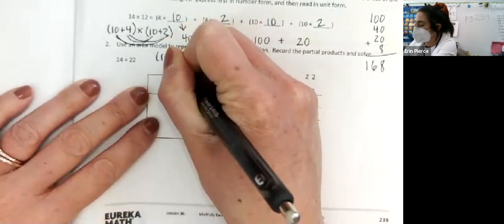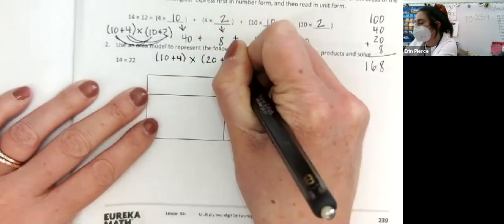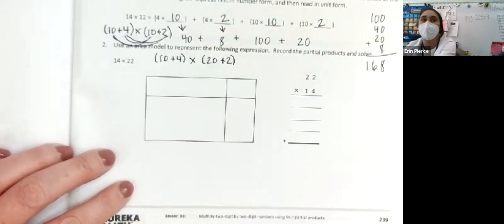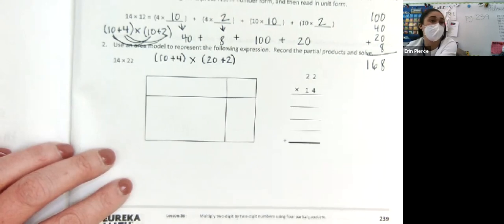10 plus 4 times 20 plus 2. Does everybody see where we're getting those two numbers? Yeah? Does everybody have that written down? Mason, do you have that written down? 10 plus 4 times 20 plus 2.